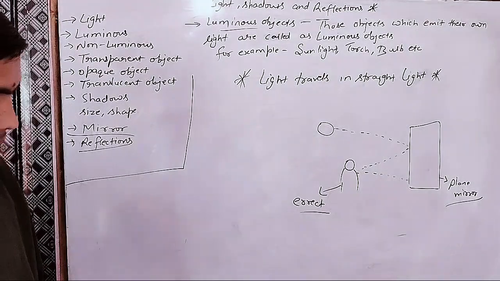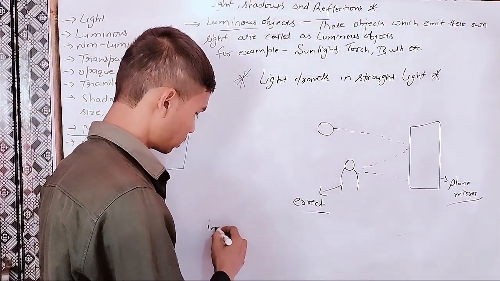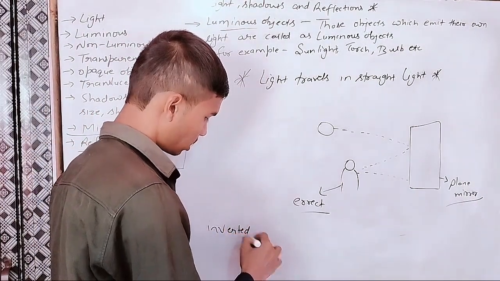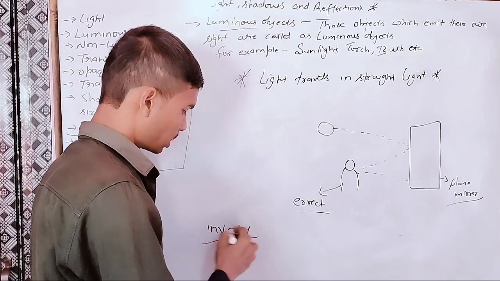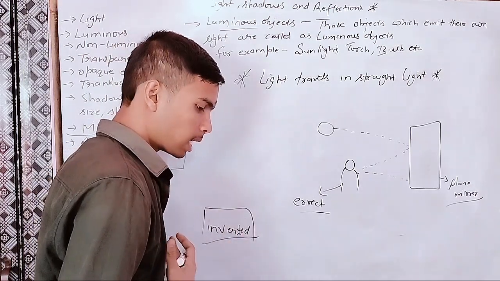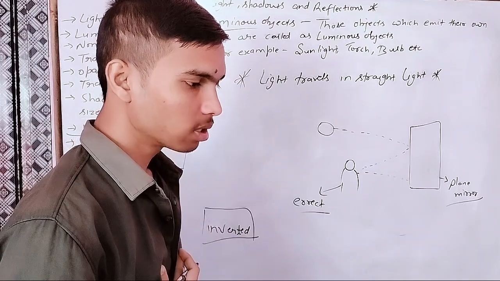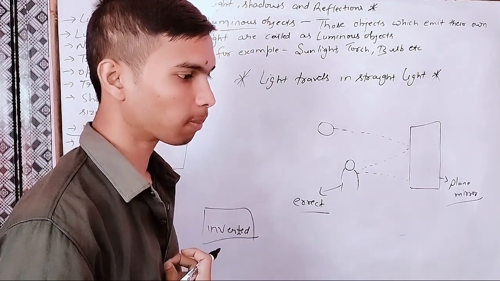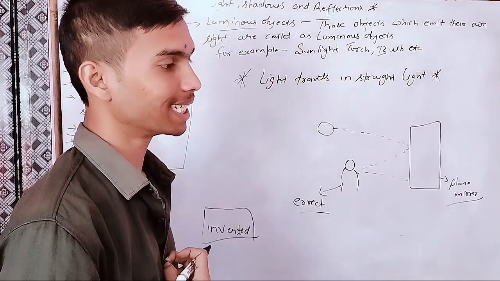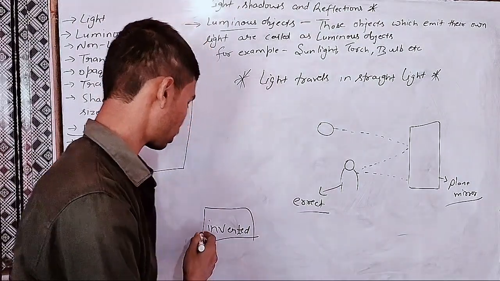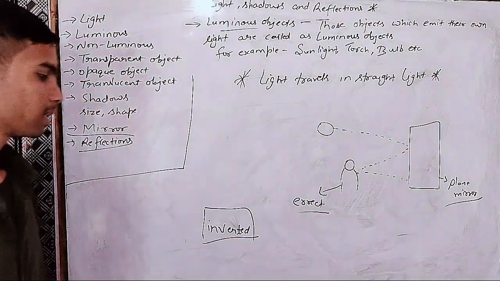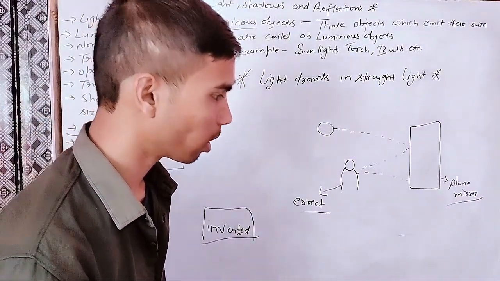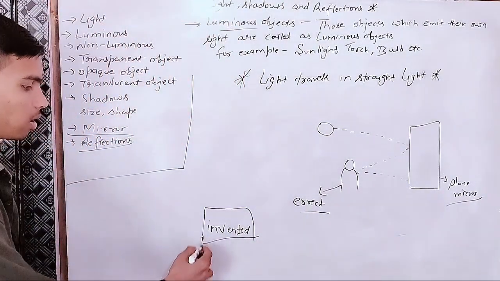Clear? So it is laterally inverted. It means the left and right sides of an object would appear inverted inside the mirror. So in a word we can say your image inside a mirror would be inverted.